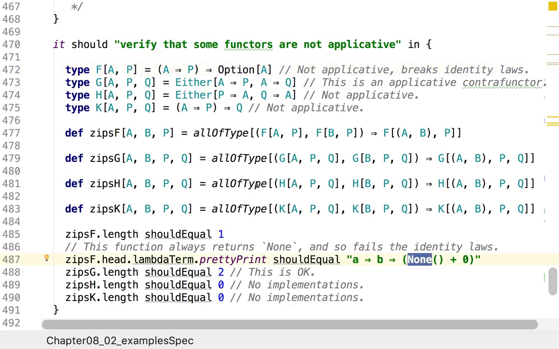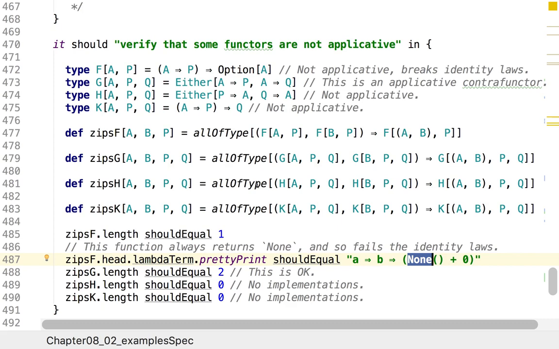A zip function that always returns an empty option is obviously going to violate laws, for instance, identity laws. Well, it won't violate associativity because it always returns the same thing, but it's going to violate identity laws that require it to preserve information. And since the identity laws say that zip of something with the wrapped unit must not change the something, it should not lose any information.